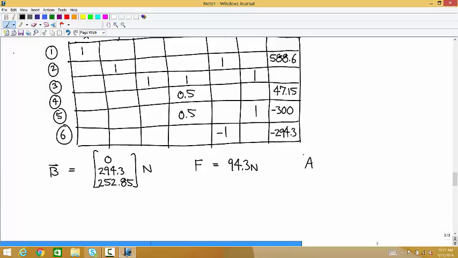And the A vector, I have it written as vector components here, but we know it isn't going to have an X component.